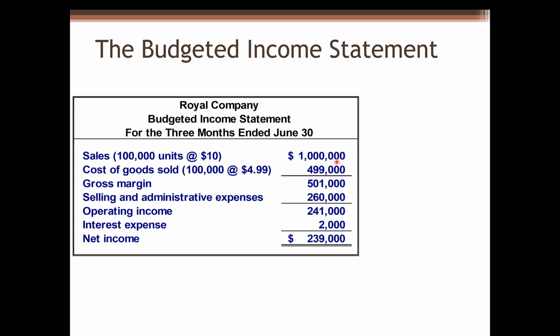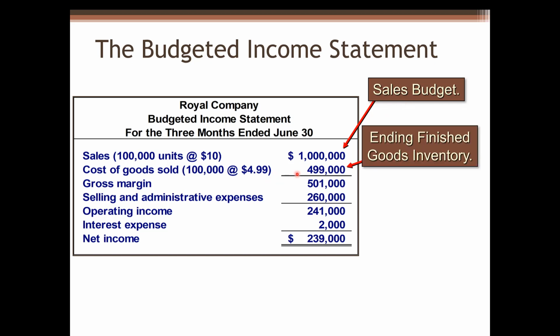Let's take a look at numbers here. For the budgeted sales in units and dollar amount, we can get it from sales budget. For cost goods sold from ending finished goods inventory, we've already calculated product cost per unit, $4.99.